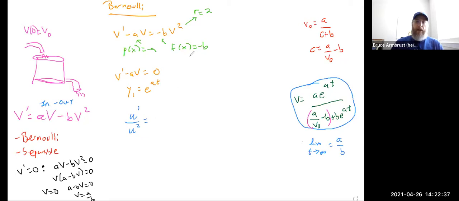And that's going to equal f of x, so minus b, times our y1, so e to the at, and then we raise that to the r minus 1. So that's going to be the 2 minus 1. So that's in general what you do. You always do u prime over u to the r equals f of x times y1 to the r minus 1.